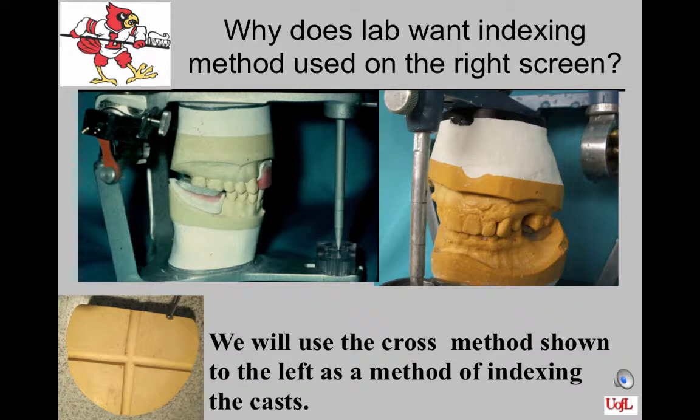They then replace it onto the articulator when they're finished. These indices make it possible for the cast to be oriented in the exact same position on the articulator. If they receive a case, like the one on the upper left, with improperly indexed cast, they are instructed to return them to the student for proper mounting.